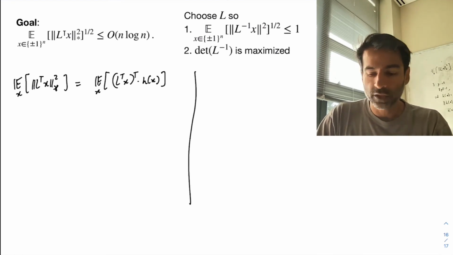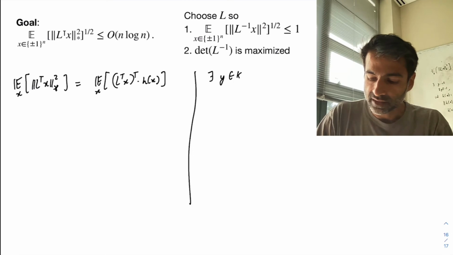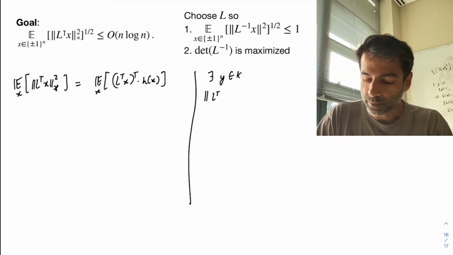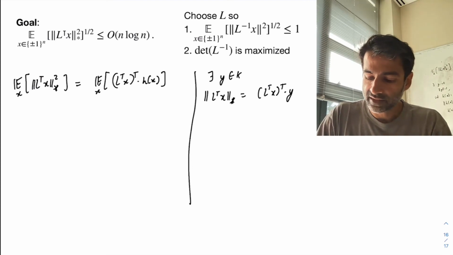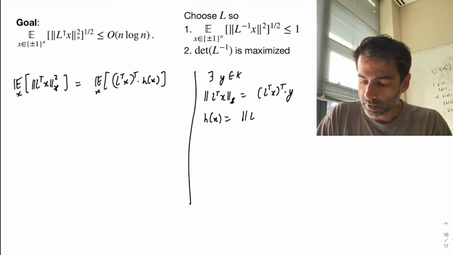Now, by the definition of the dual norm, there is a vector y in the convex body K such that the dual norm of L transpose x is equal to the inner product of L transpose x with y. So let's set h of x to be equal to the dual norm of L transpose x times y.